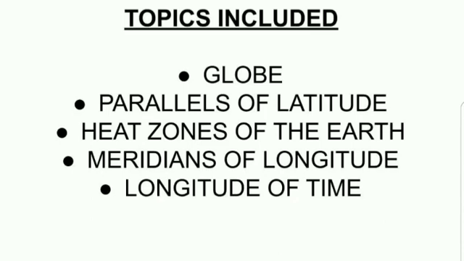Then above the equator in the north part, we have Tropic of Cancer and Tropic of Capricorn to the south. Also we have two poles, that is the north pole and the south pole. So as we study the lesson, you will understand this diagram much better.